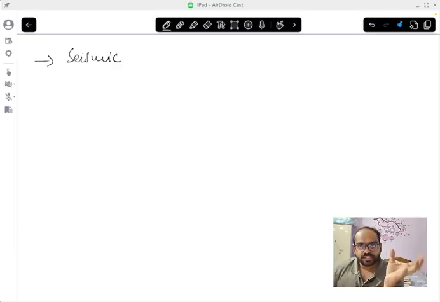Lithosphere is nothing but the crustal part, the crust and the upper portion of the mantle. In the crustal part, scientists have noticed that P and S waves have traveled faster in the oceanic part rather than in the continental part, depicting that oceanic crust is much denser than the continental crust.